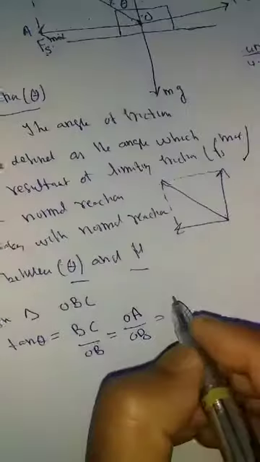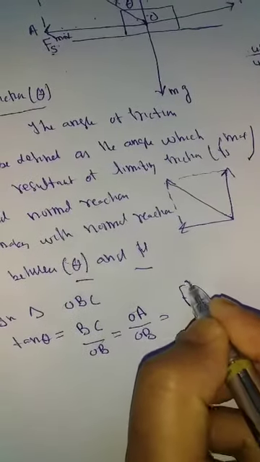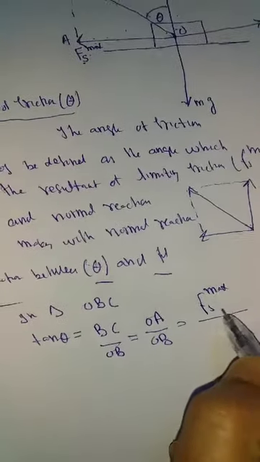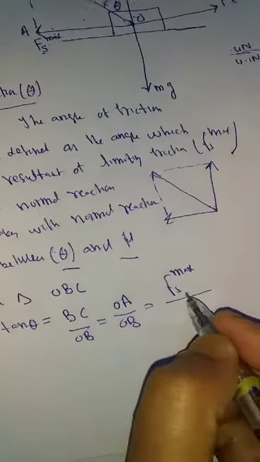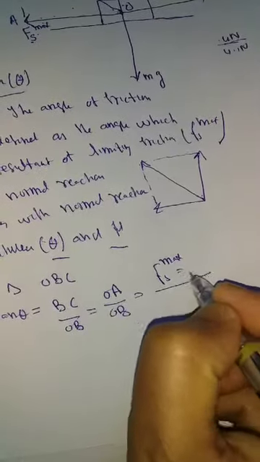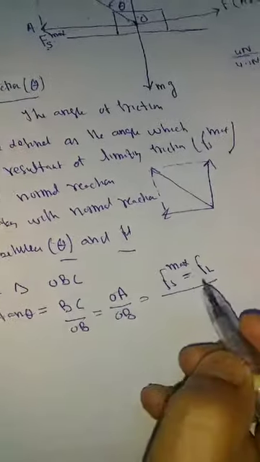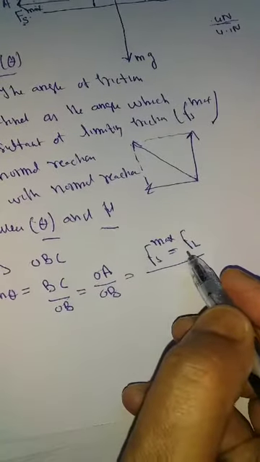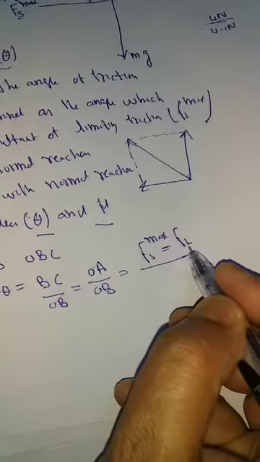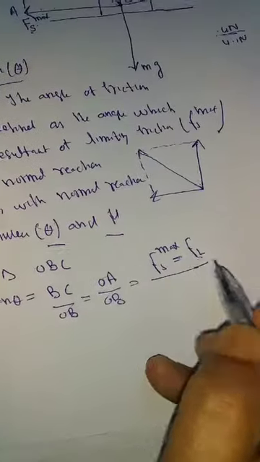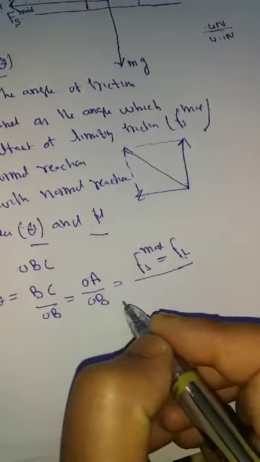That means Fs max, the maximum value of static friction, is the limiting friction. You can simply write it as Fl. The maximum value of static friction is also called limiting friction, the force developed by this applied force, divided by OB.